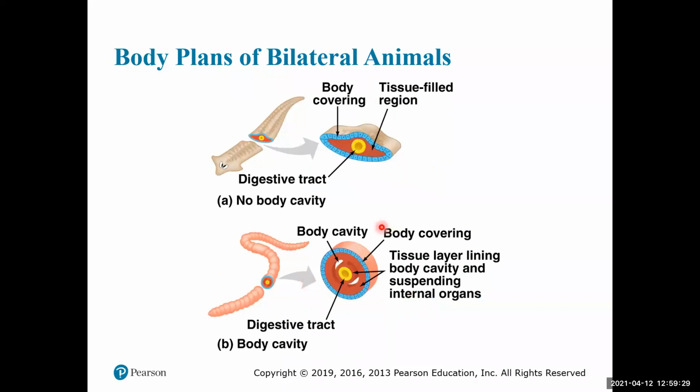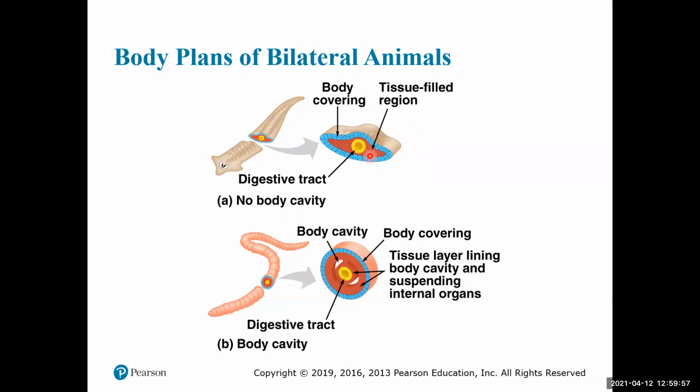For body plans, there are three different types of body plans. You have eucoelomates, acoelomates, and pseudocoelomates. Basically, these body plans exist in animals that have three tissue types, so your bilateral animals.